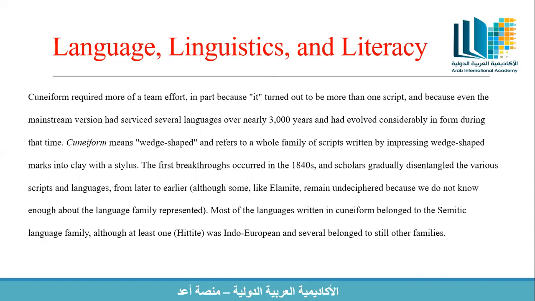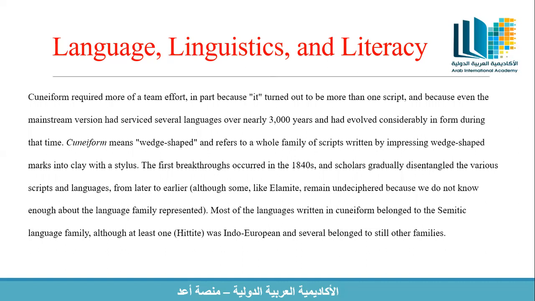So cuneiform required more of a team effort, in part because it turned out to be more than one script, and because even the mainstream version had served several languages over nearly 3,000 years and had evolved considerably in form during that time.